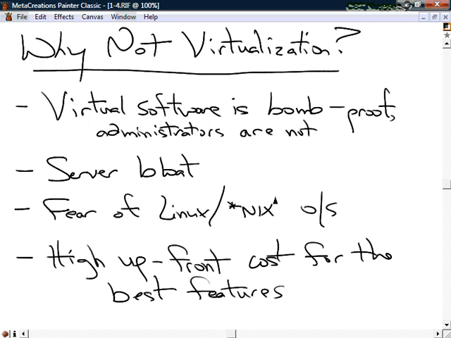One of the other big issues with virtualization is that once you implement it into your environment, one of the things that tends to happen is what I call server bloat. And that is, "Hey, look how easy it is for me to build a new virtual server. Poof, let me just do another one. Poof, let me just do another one." And before you know it, you went from having 10 servers down to one server with 10 virtual servers, and up to 20 virtual servers, because it's so easy to create new virtual servers.